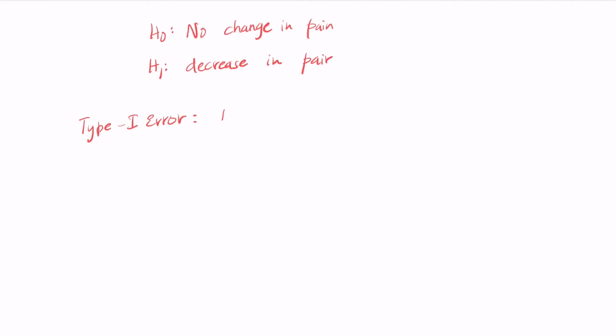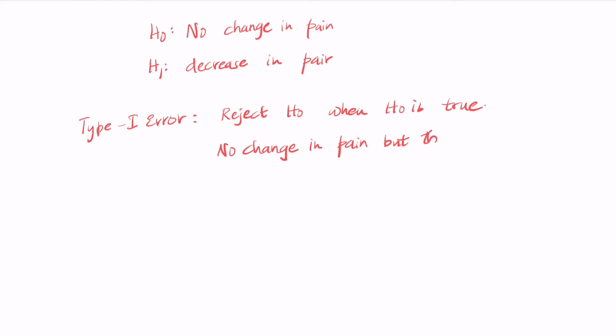So we reject H0 when H0 is true. What does that mean in this context? H0 is true, which means that there is no change in pain, but the patient says that there is a decrease in pain.